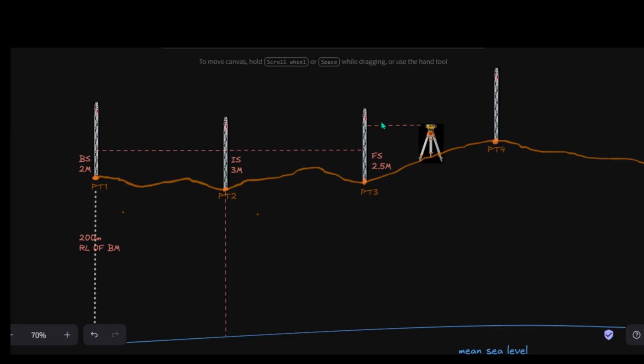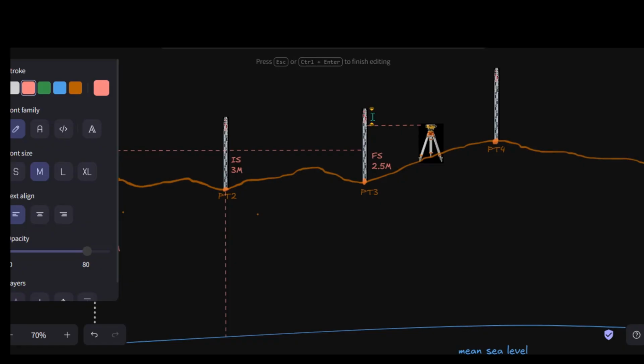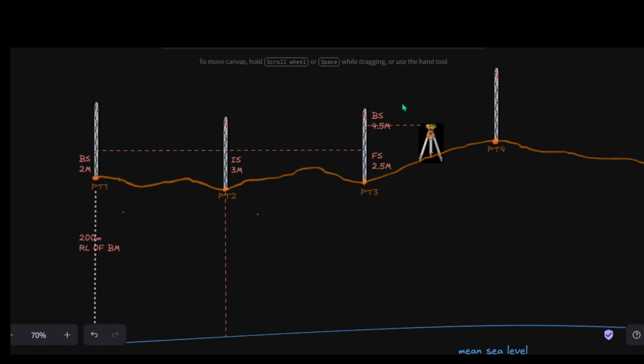No, let's say it's 4.5 meters. So BS is about 4.5 meters, from this ground level to this place.